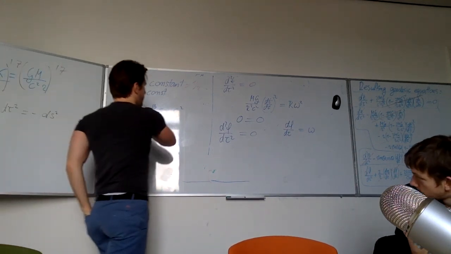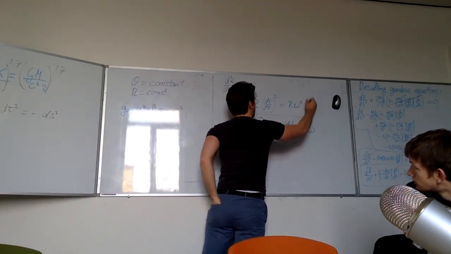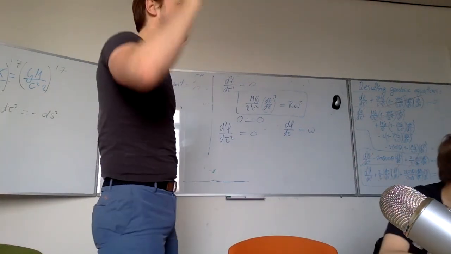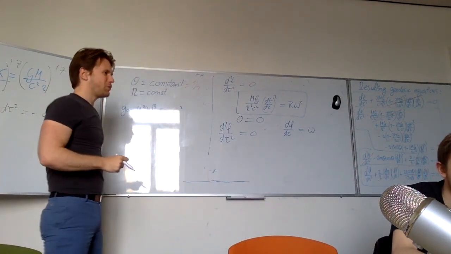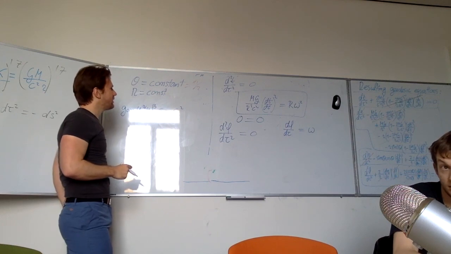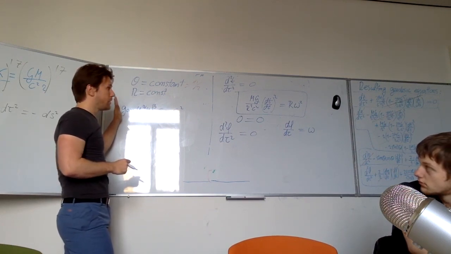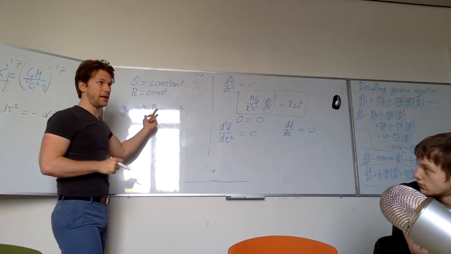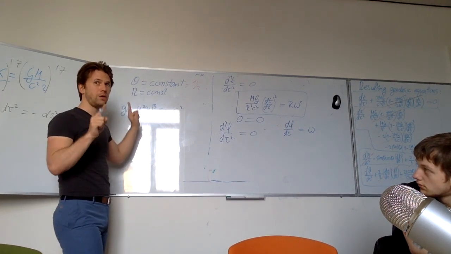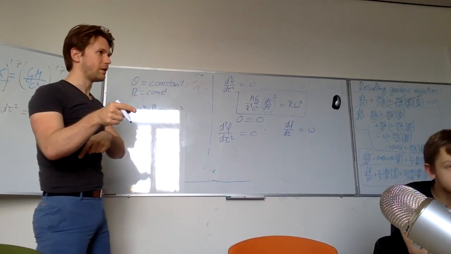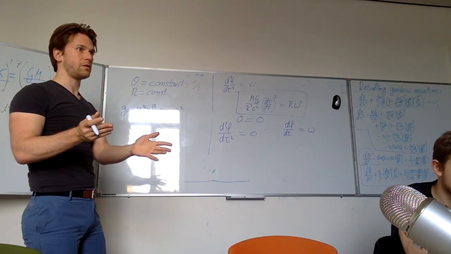I promise you that if you work this out, we have a couple of minutes left, so we should be able to do it. Unfortunately, the Panos exercise with the cancelling time relations we cannot do, but let's do this instead. If you work this out, you will get another condition on your omega. You get 2 equations for omega. Combine them, you get the one omega that is allowed. And that one will solve all your problems.